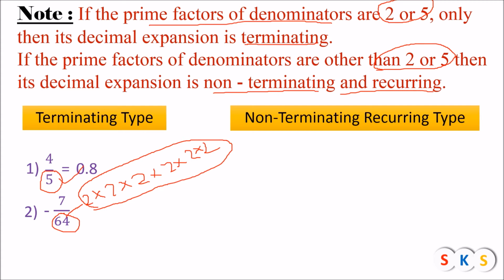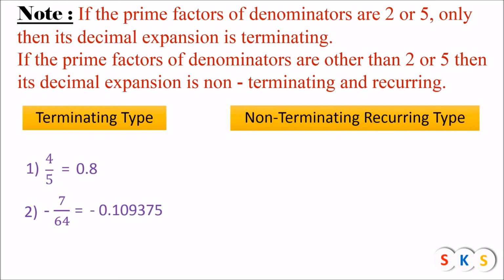So the decimal form of this fraction will be minus 0.109375, and you can see that it's a terminating decimal form. So if the prime factors of the denominator are 2 or 5, then definitely the decimal expansion of that particular rational number will be terminating.